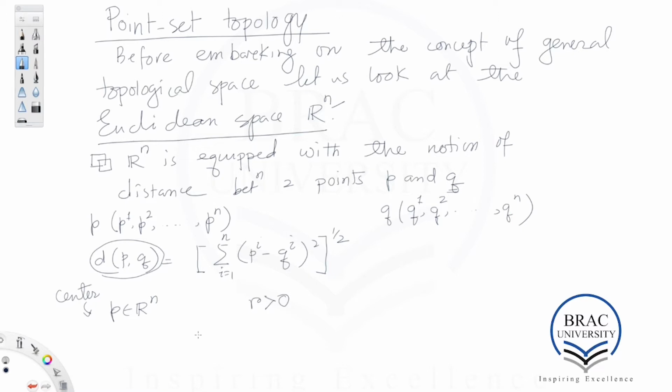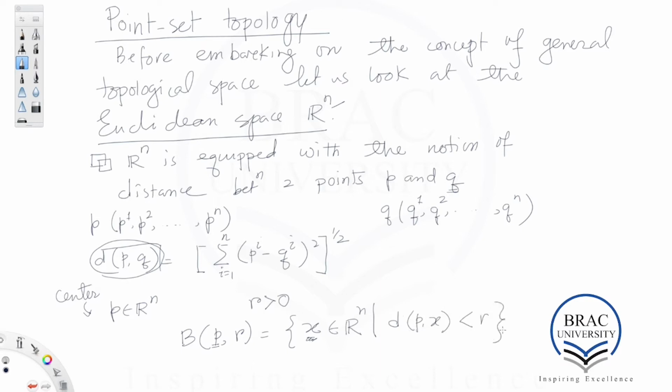The open ball centered at P and of radius r is the set of all elements x in Rn such that the distance from P to x is strictly less than r.